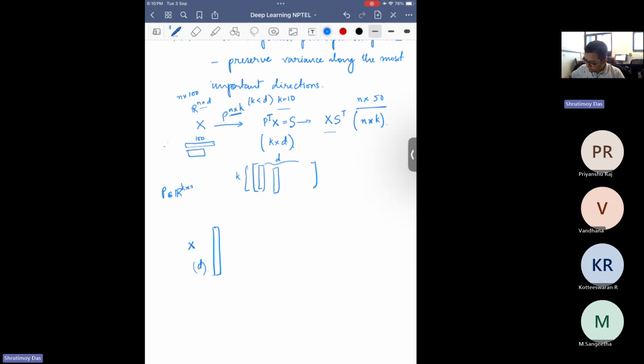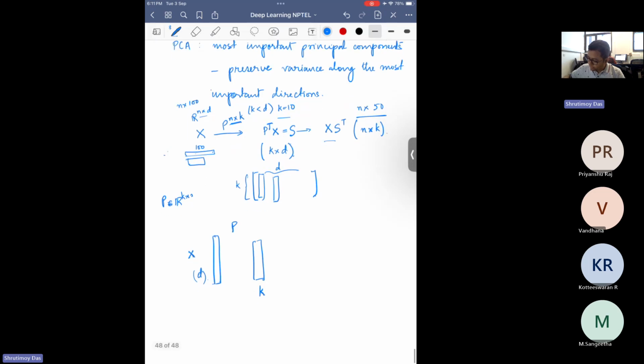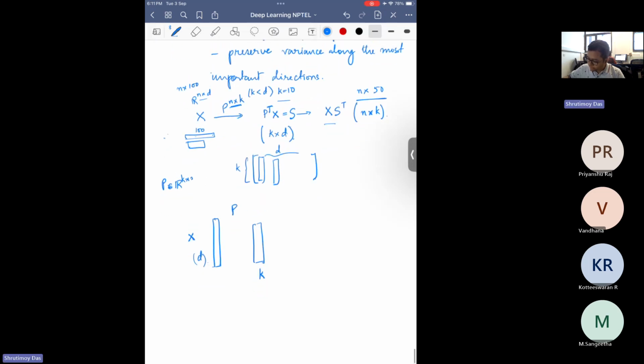So from d-dimensional X, we have to go to a k-dimensional space, right? And you're doing this operation by P. Because X is your n by d, you need P to be, rather, d by k.